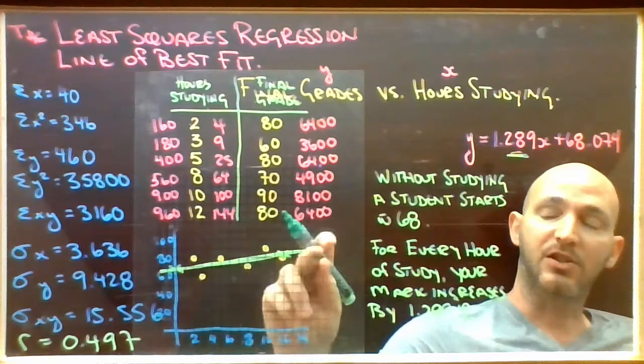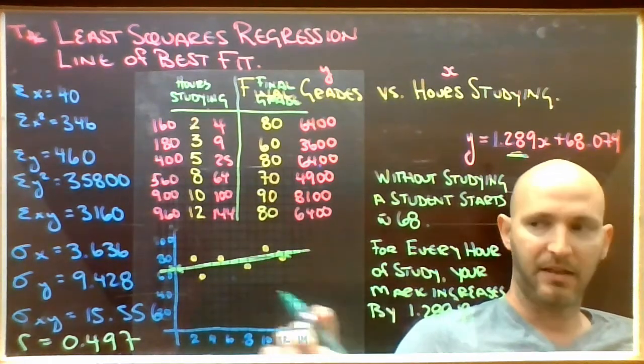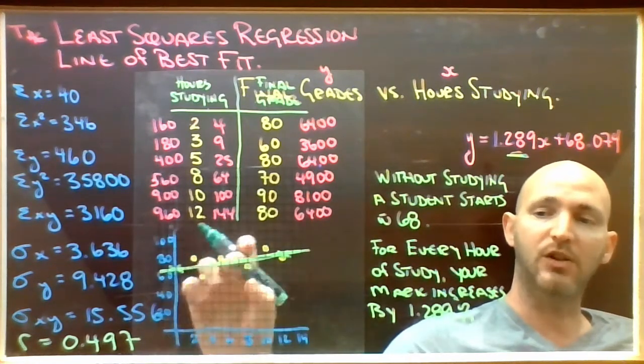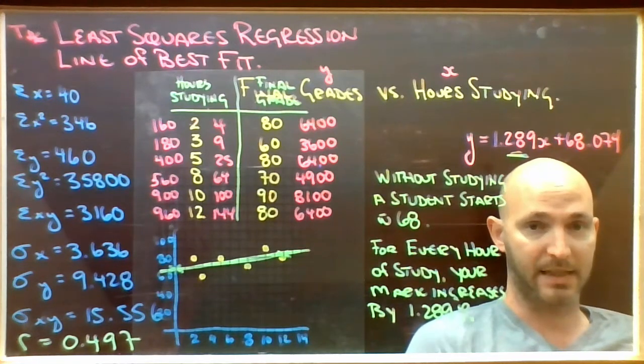So this line is showing that as we go across here, the trend is that with no studying, a student starts with 68 and their mark increases by 1.289% for every hour that they study.